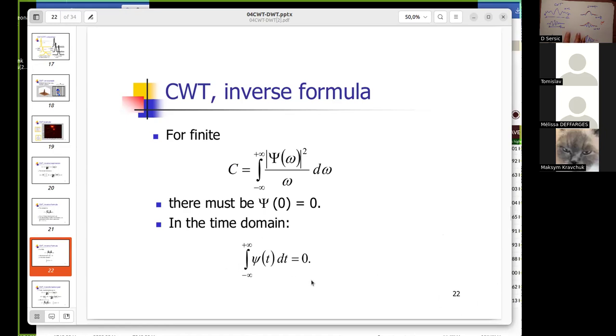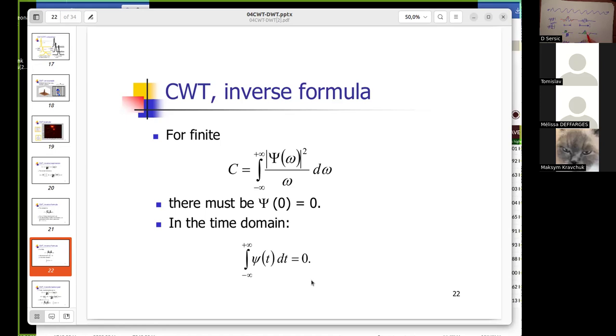This means that in all of my examples, I suggested some wavelets, but the very important thing is that they have no DC component. So the positive area was always equal to the negative area. It was the admissibility condition for every choice of wavelets.